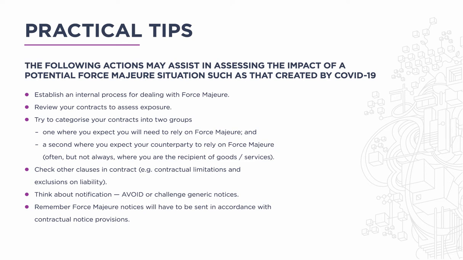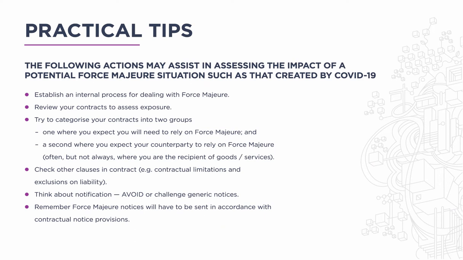The second point is really around understanding your contracts, and I appreciate that many of you will have huge numbers of contracts to think about. And so to deal with this, some of our clients have found it helpful to categorize contracts into 2 groups. One where you expect you'll need to rely on force majeure, and a second where you expect your counterparty might rely on force majeure.